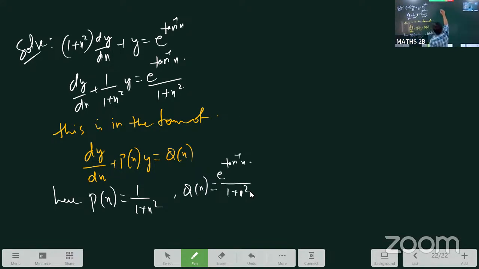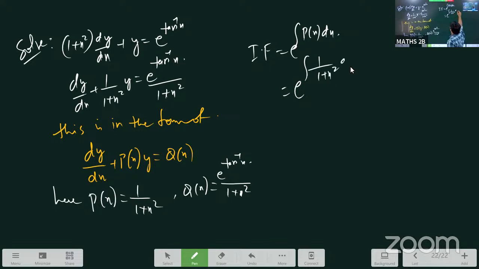Now you are going to find the integrating factor, e to the power integration of P(x) dx, that is e^(∫1/(1 + x²)dx), which is e^(tan⁻¹x). Is it clear, everybody? Now this is your integrating factor.